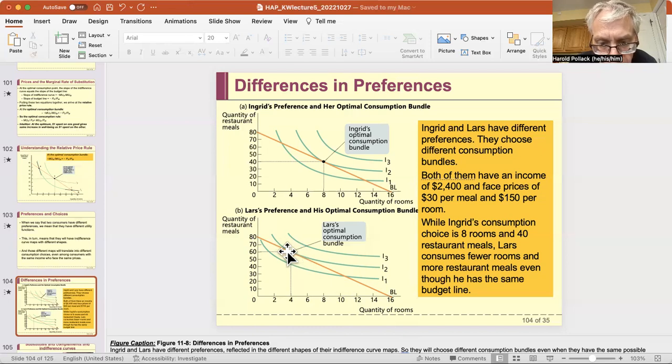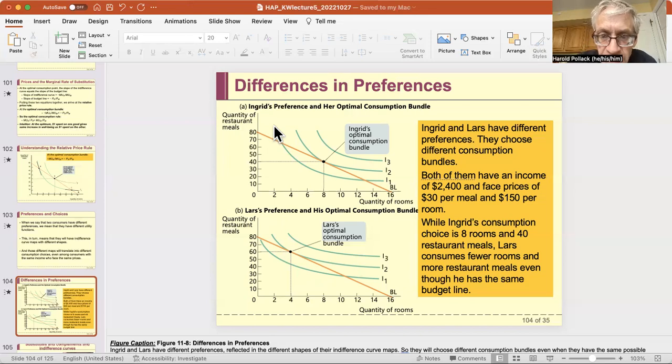So like here, he's at this point I2 where the curve starts to really swing up, where he's getting 60 meals and he's getting 4 rooms. And it's basically, he's bored by rooms once he has more than a handful of them. So he ends up here.